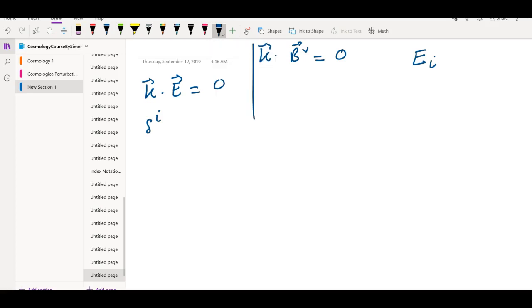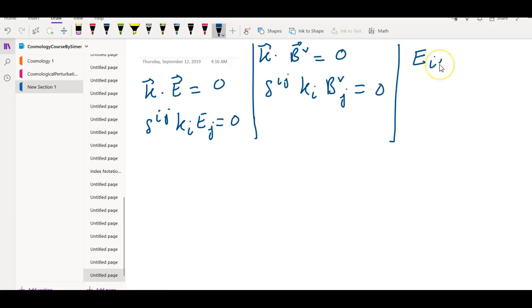This means delta_ij k_i B_vj is 0, and delta_ij k_i E_j is equal to 0, and then E_ij is traceless.